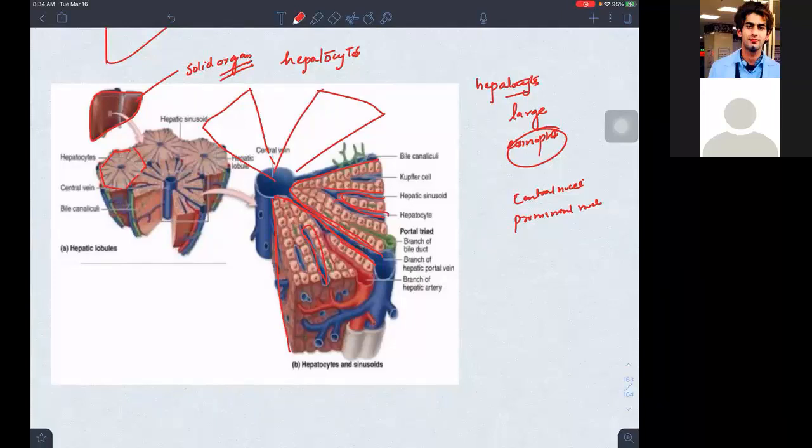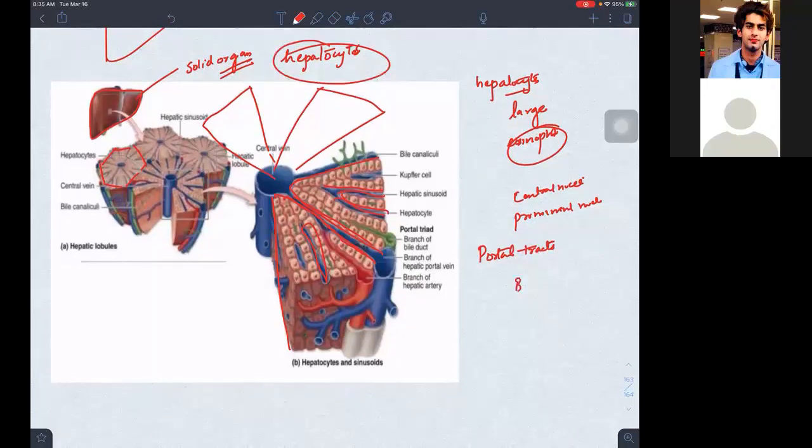If I talk about the structures, this was about hepatocytes. It has some portal tracts, which I will be showing you clearly in a moment. Portal tracts will be there, bile duct will be there, portal vein will be there, hepatic artery will be there.